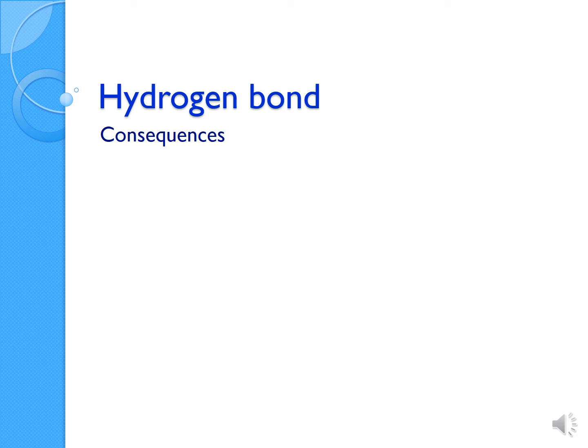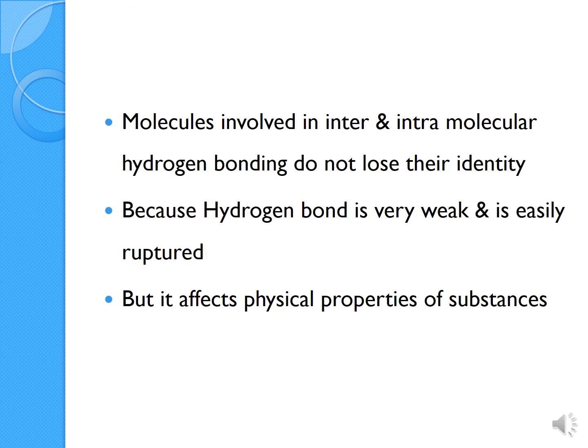Now let's study the consequences of hydrogen bond. Consequences means the effects of hydrogen bond. As we have already understood from what we have studied so far, the molecules involved in inter and intramolecular hydrogen bonds do not lose their identity. Why? Because hydrogen bonds are very weak in nature and can be easily ruptured.